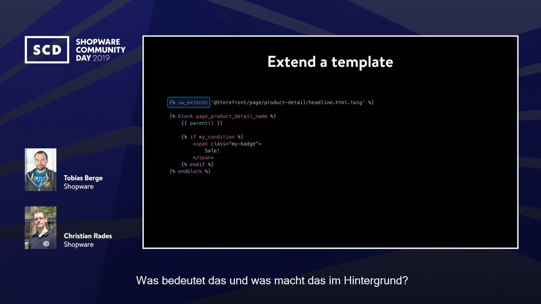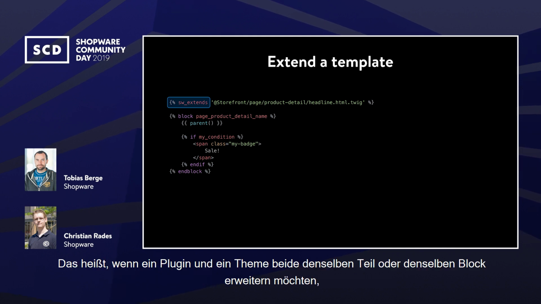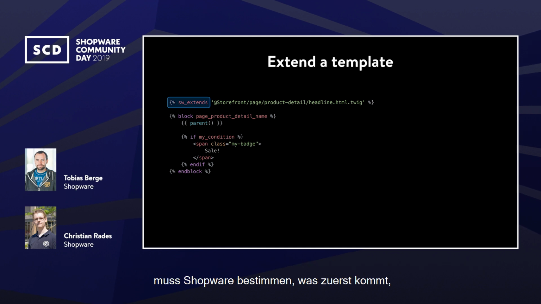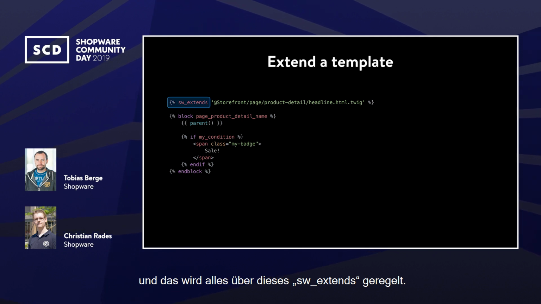So what does this actually mean, and what does it do in the background? In Shopware, we use multi-inheritance support, which means, for example, when a plugin and a theme both want to extend the same part or the same block, Shopware has to figure out which template or plugin comes first. And this is all handled via this sw_extends.